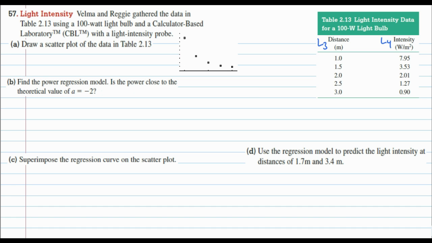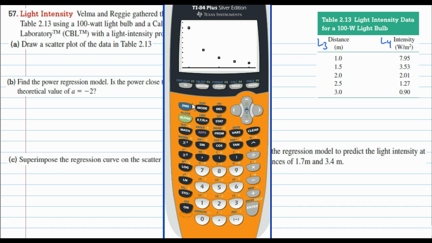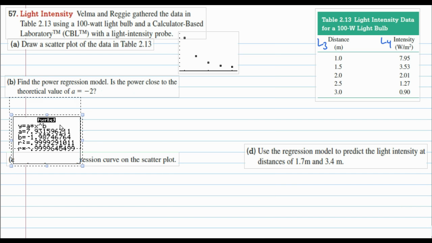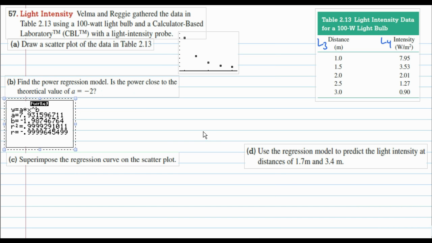Find the power regression model. Let's go with stat calc alpha A. Again, my x list was in L3. My y list was in L4. I'm going to store this into y2. So there's the power regression value.